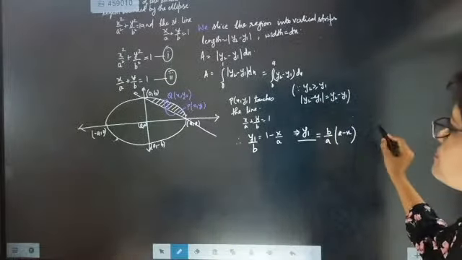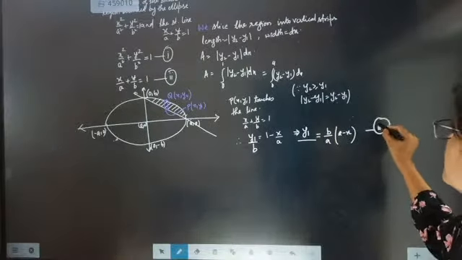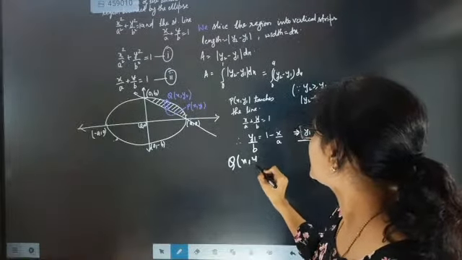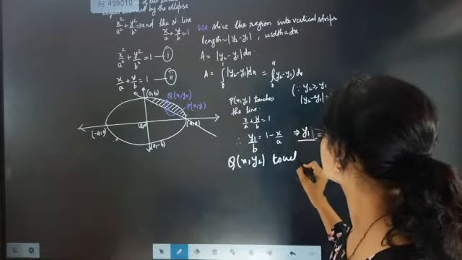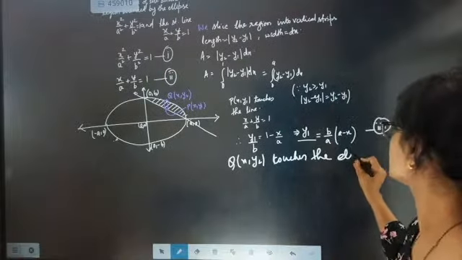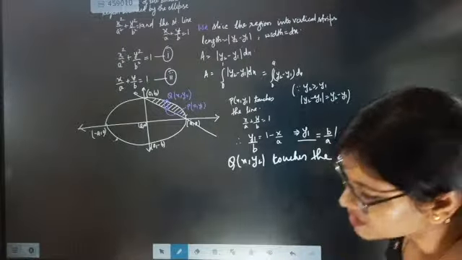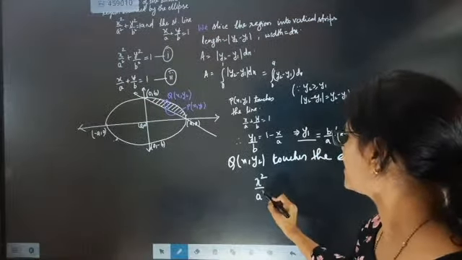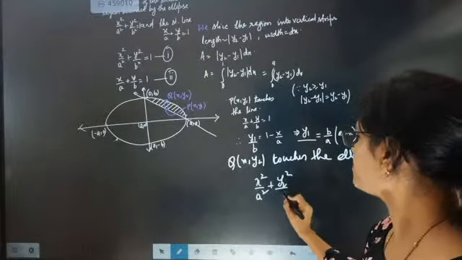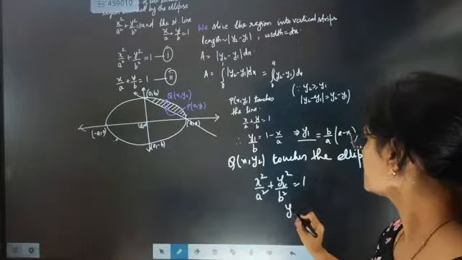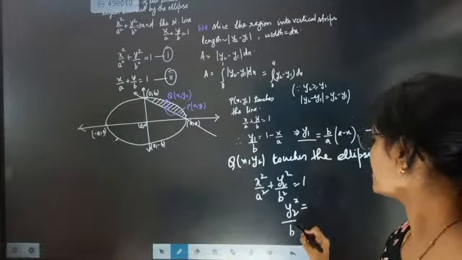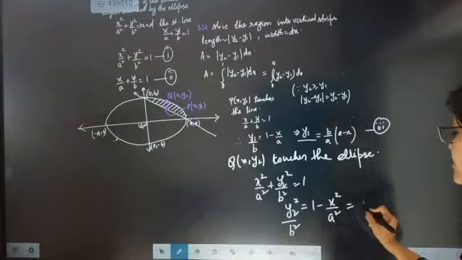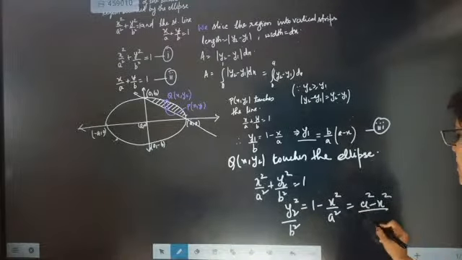So now the third one. Now again q xy2 touches the ellipse. Since it is touching the ellipse, what equation are we going to write? x square by a square plus y2 square by b square equal to 1. So y2 square by b square equals 1 minus x square by a square, solve it, it is coming as a square minus x square by a square.